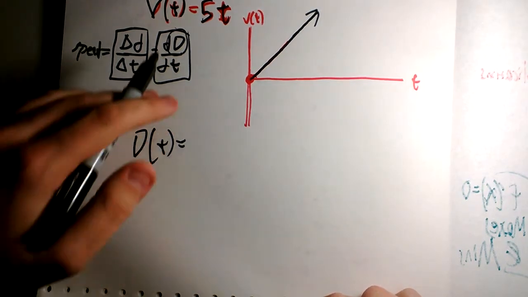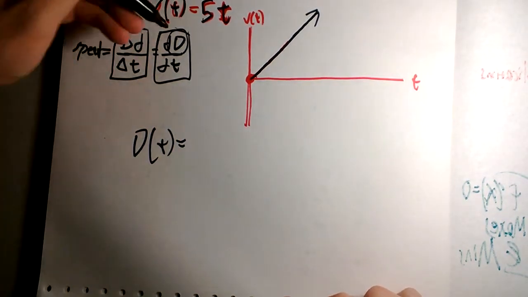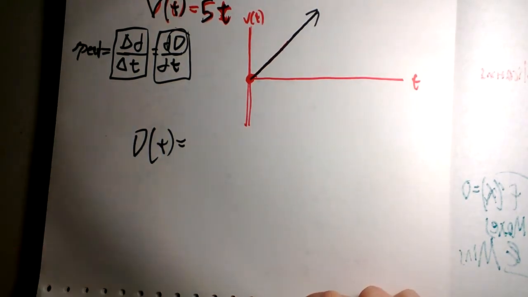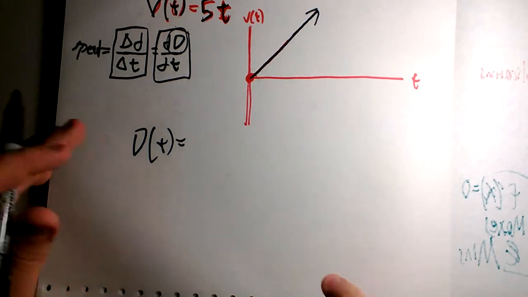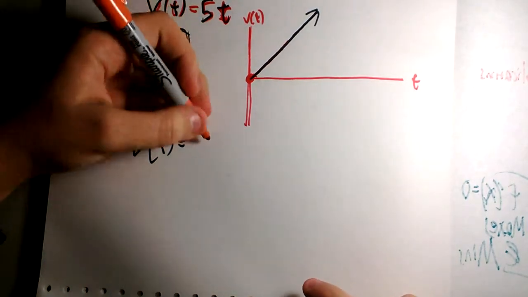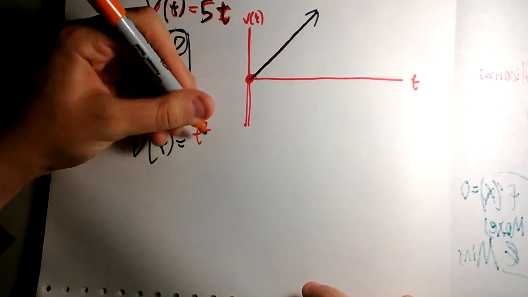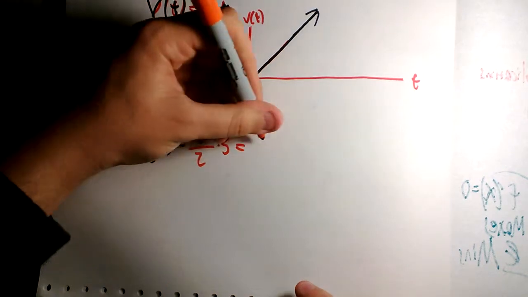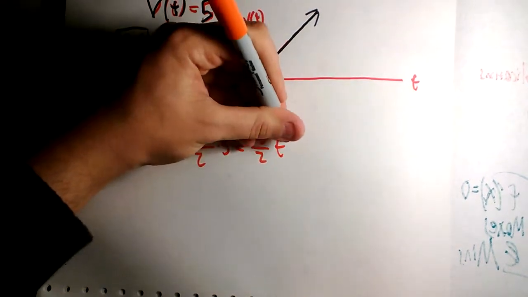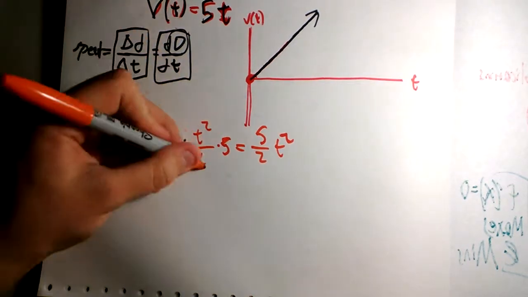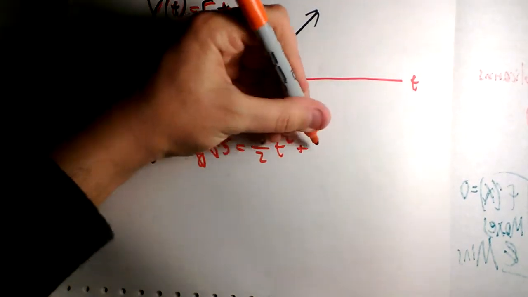So here we go. How do you get from a derivative to its regular function, whatever you want to call it? Well, I'm thinking an integral. What's the integral of that? Well, you increase the power to 2, so you get t squared. And then you divide by 2, and you keep the 5 there. So let's rewrite that. That's 5 halves t squared. However, it's not this, because I forgot something.